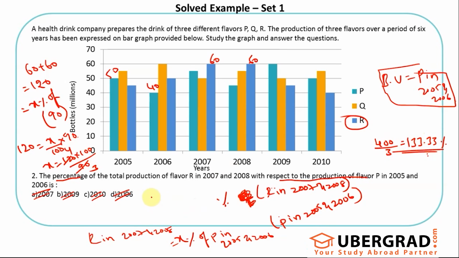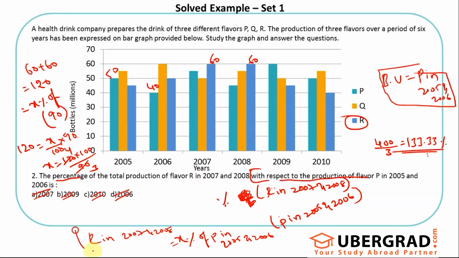The question statement is a bit confusing, maybe because of the phrase 'of the total production'. If you see 'percentage of total production', you might write it as X percentage of R in 2007 and then put P equals to. But they've written 'with respect to the production'. So focusing on this as my base, R is what percentage of this base value.